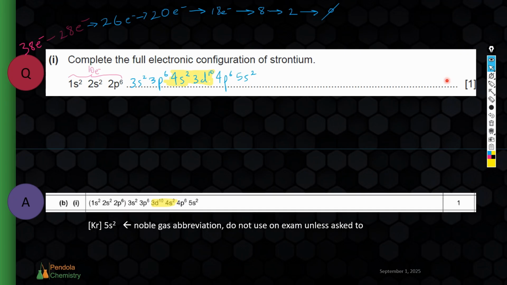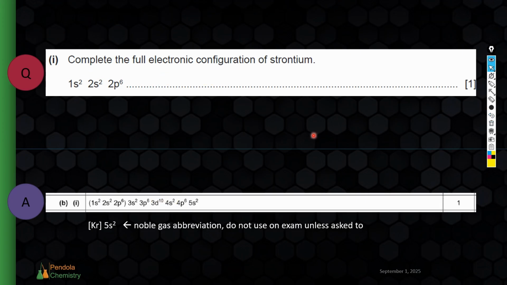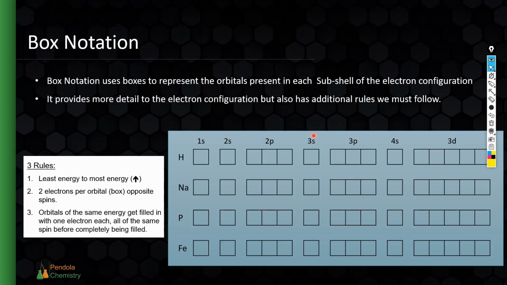So now the other thing is the other type of notation, which is called box notation. So box notation is essentially a more detailed way of doing the simplified electron configuration that we're just looking at. Now, why is box notation more detailed?